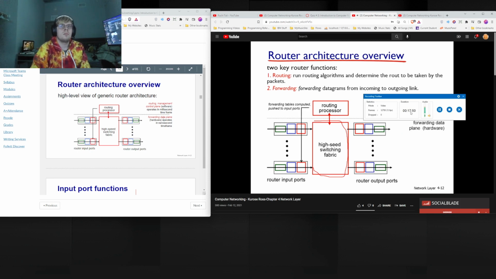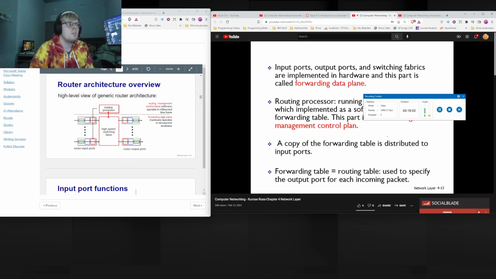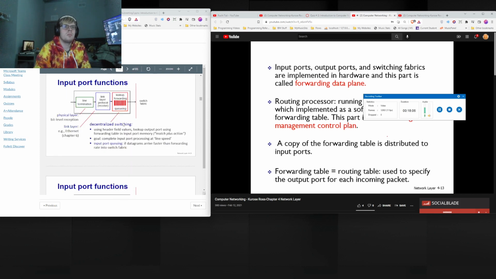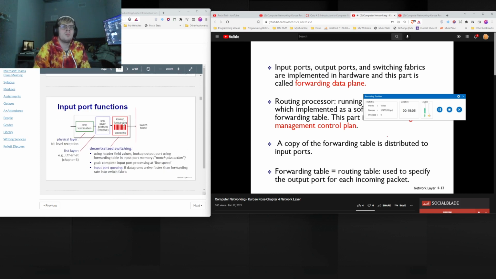Alright, so forwarding tables are pushed to the input ports, and this is the forwarding data plane. Let's first talk about the input port. The input port performs many functions.